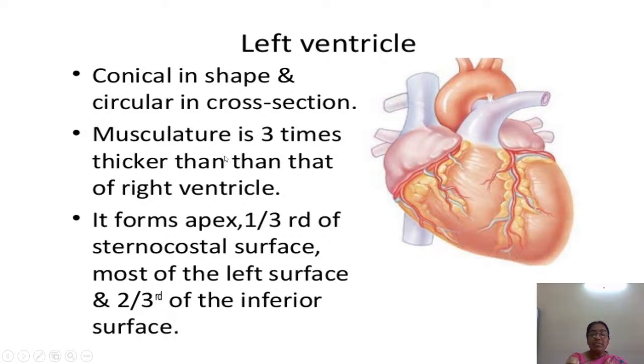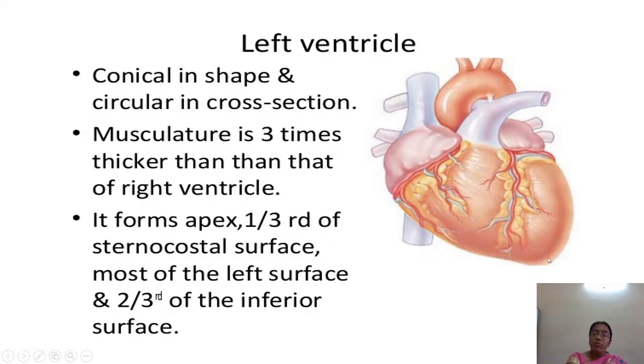It is 3 times thicker, which relates to the pumping action, because the heart pumps the blood. As the thickness is more, the musculature is more, 3 times that of the right ventricle.